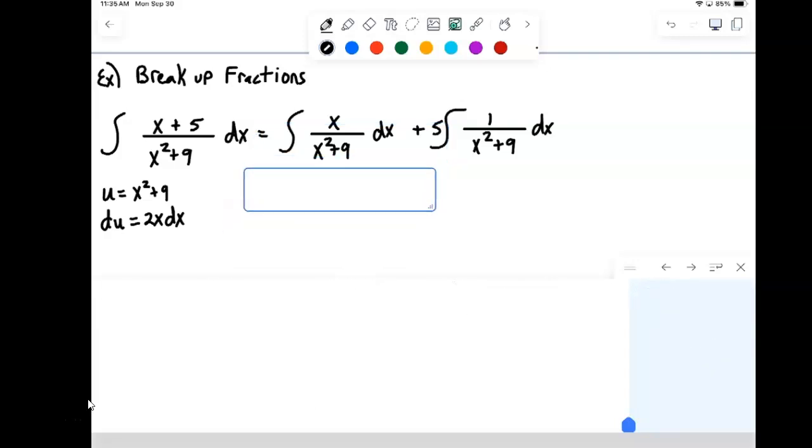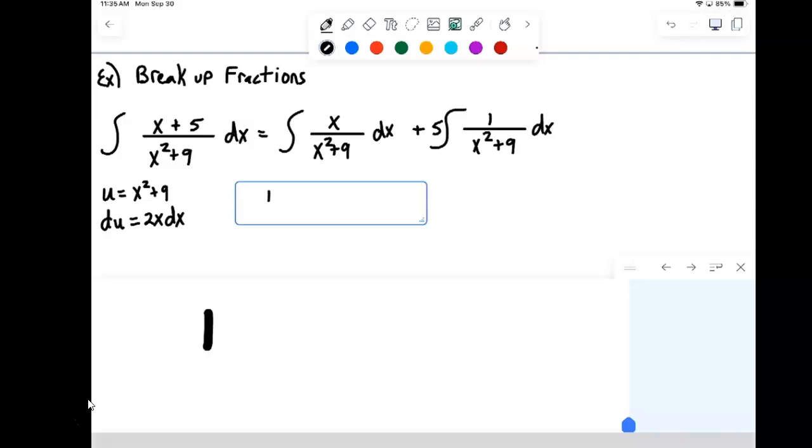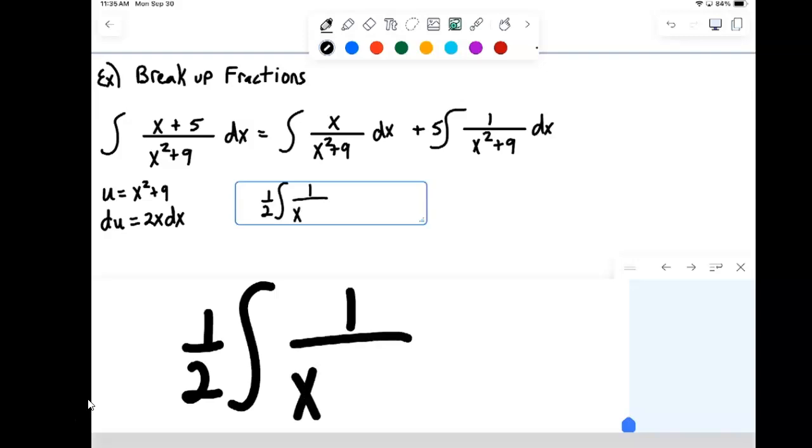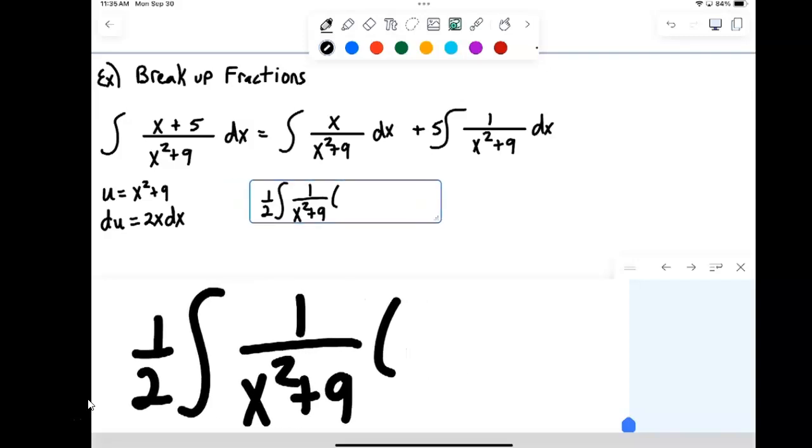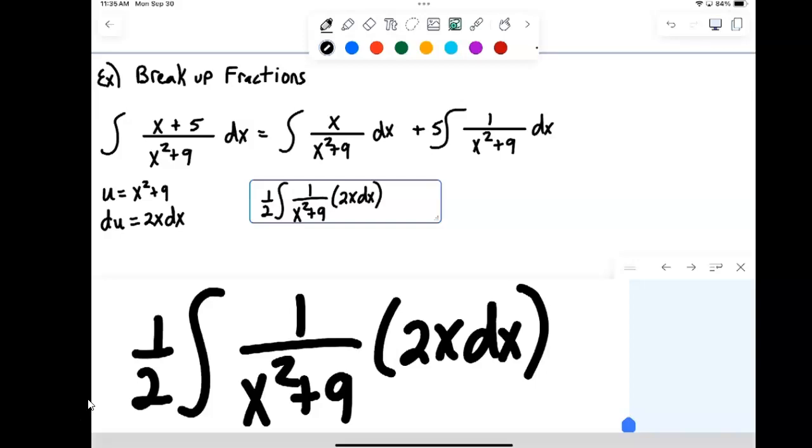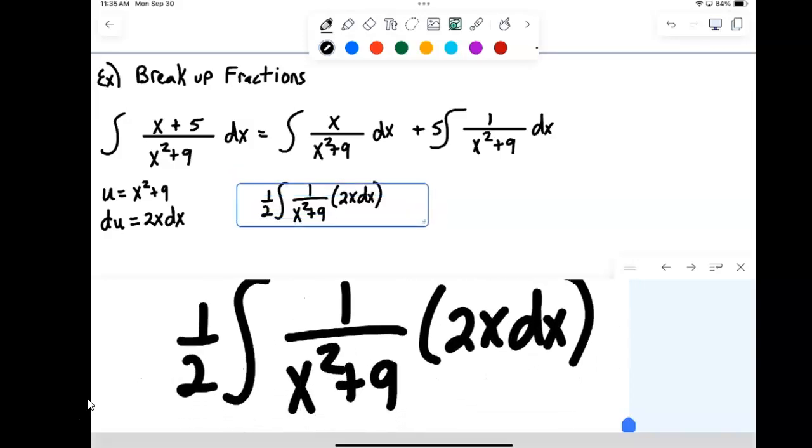So for this piece anyway, I can divide by the 1/2 on the outside. Right? I'll have 1 over x squared plus 9. And then I can put my 2 with my x dx. So that's going to be 1 over u du.